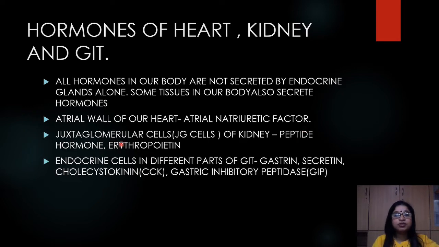The juxtaglomerular cells, or the JG cells of the kidney, secrete a peptide hormone called erythropoietin. And there are endocrine cells in different parts of our gastrointestinal tract like gastrin, secretin, cholecystokinin, also called CCK, and the gastric inhibitory peptide, or GIP. Let us see how they act in our body.